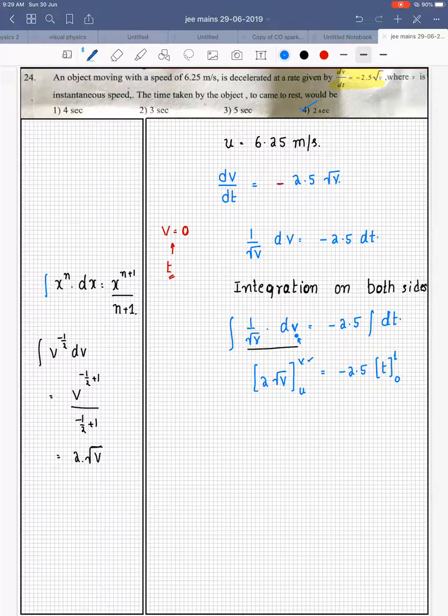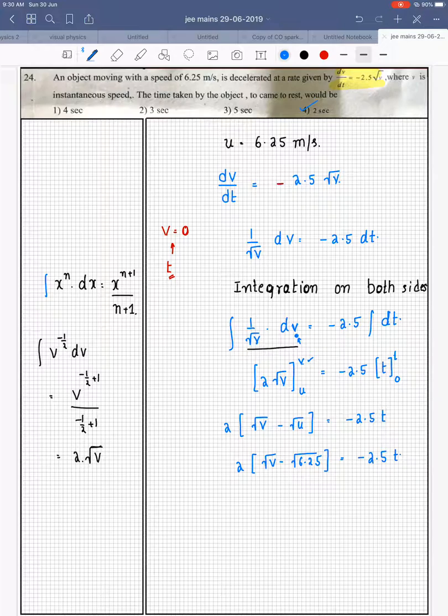The meaning of this is: substitute the final limit minus the initial limit equals minus 2.5 into the final limit t minus the initial limit 0. So you get 2 into root v minus root 6.25 equals minus 2.5 into t.